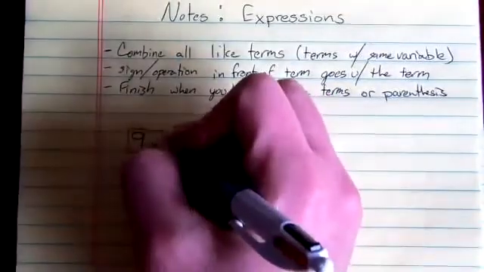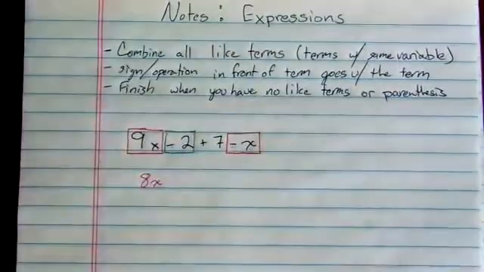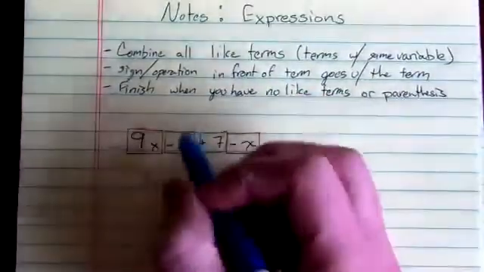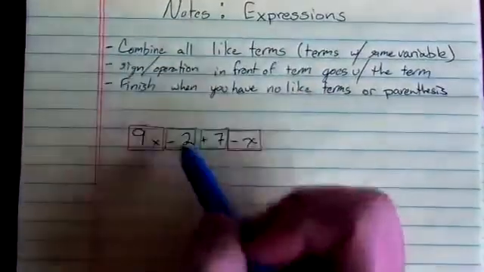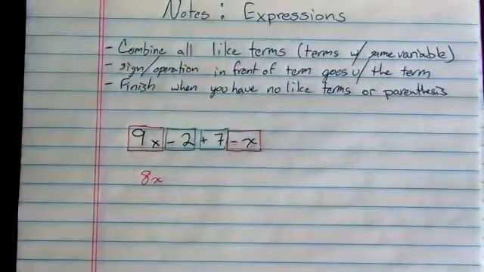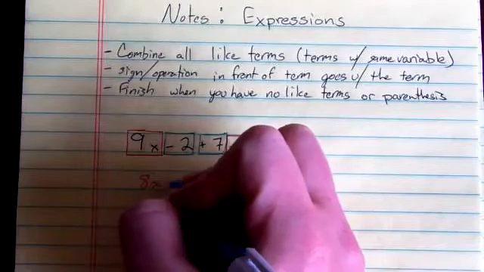And now we also have this minus 2. Remember, the sign goes with the 2. And we also have this positive 7. So we need to combine these. So we have negative 2 plus 7. Well, what is negative 2 plus 7? We just did integers. Negative 2 plus 7 would give me a positive 5.